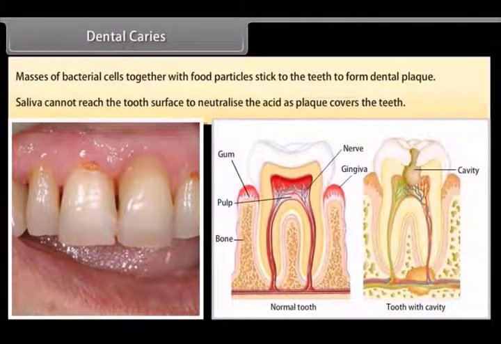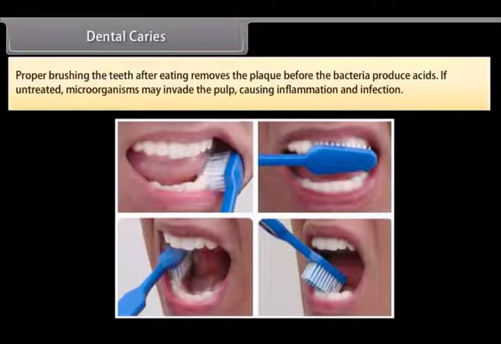Saliva cannot reach the tooth surface to neutralize the acid as plaque covers the teeth. Proper brushing the teeth after eating removes the plaque before the bacteria produce acids. If untreated, microorganisms may invade the pulp, causing inflammation and infection.